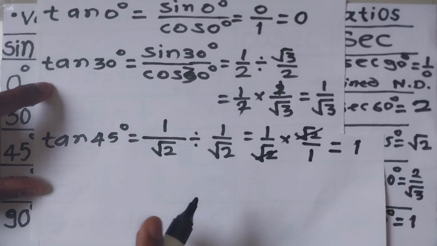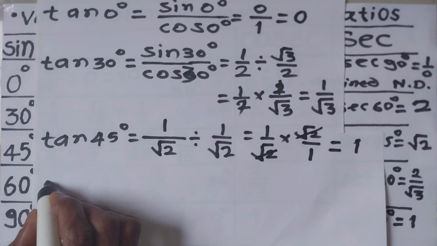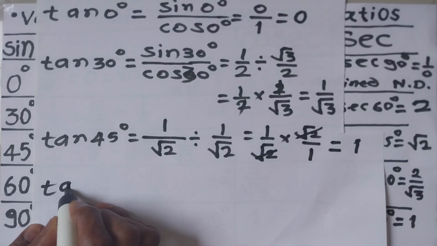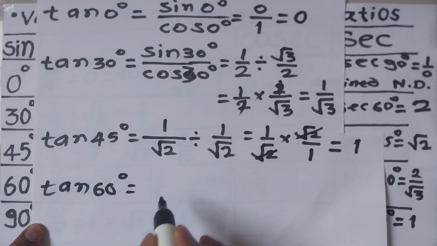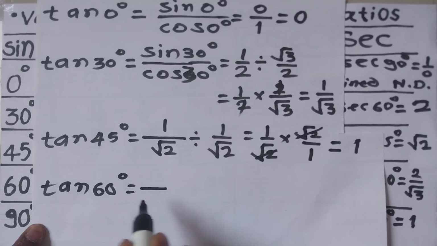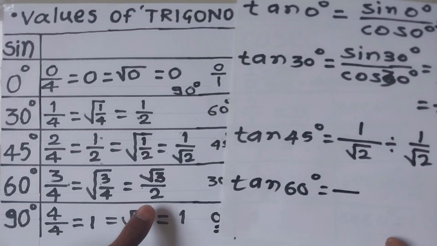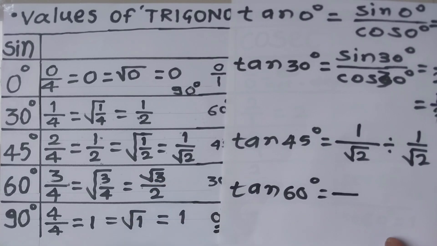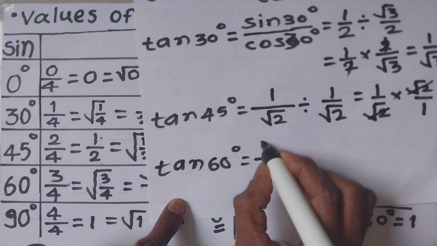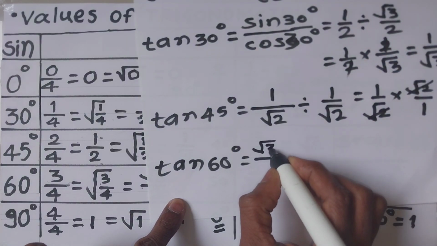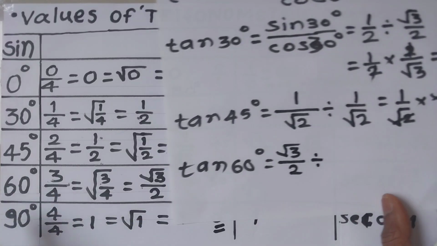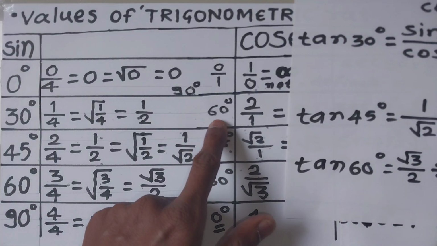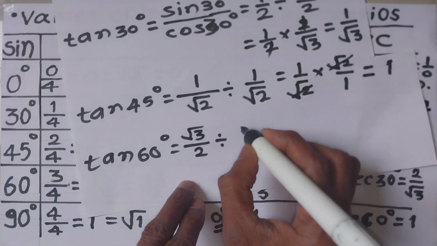In the same way we use it for tan 60 degree. Tan 60 degree is equal to sin 60 degree, whose value is root 3 upon 2, divided by cos 60 degree, which is 1 upon 2.